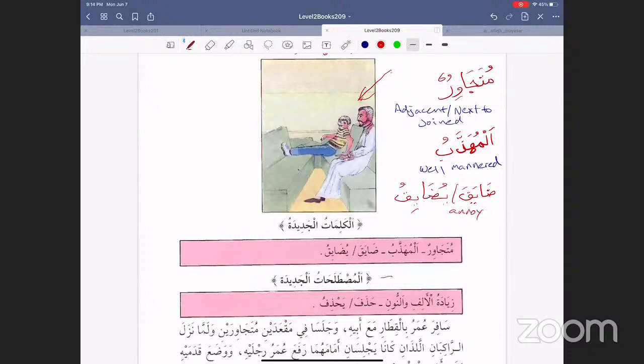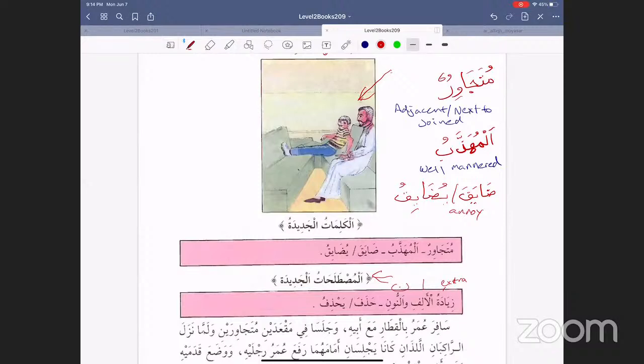Now al-mustalahat al-jadida, the new terms dealing with this chapter. This first term, ziyadatul alifi wan noon. Ziyada means extra, an addition of the alif and noon, the letters. So an extra alif and noon.